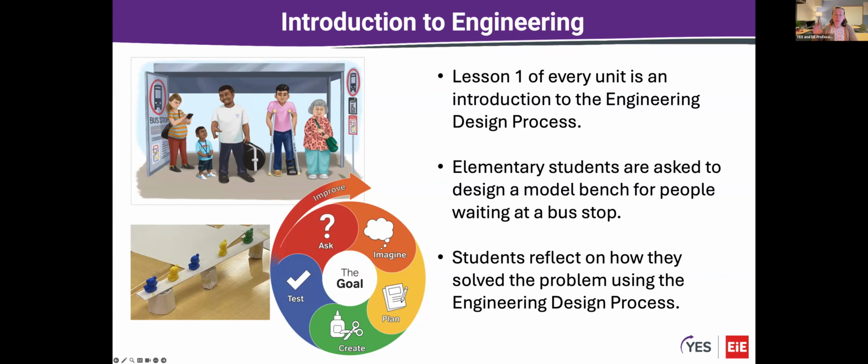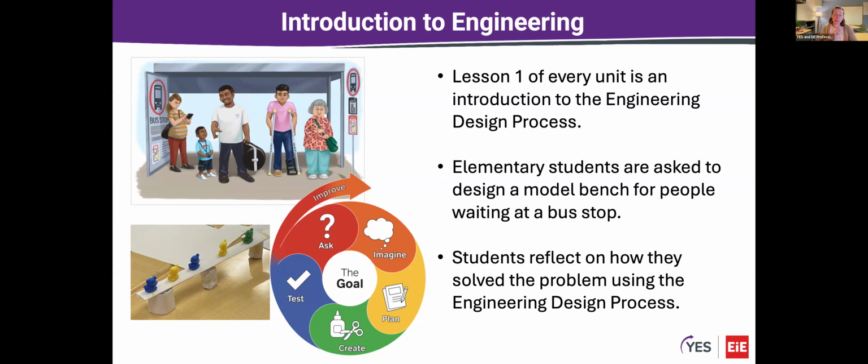So we try and increase the complexity of the design process. And once you move into middle school, there's things like identify the problem and communicate your solutions. And so I can show you at the end just an example of what that looks like. But they do get more complex as you get into the higher grades.